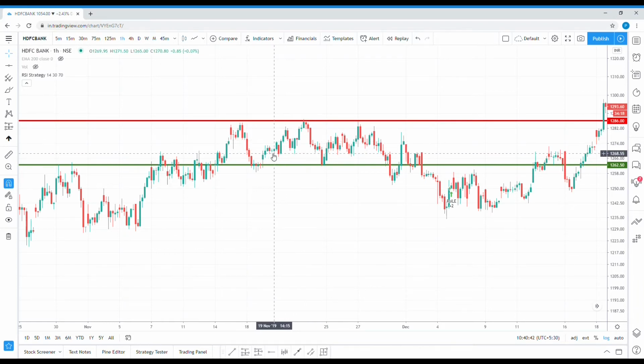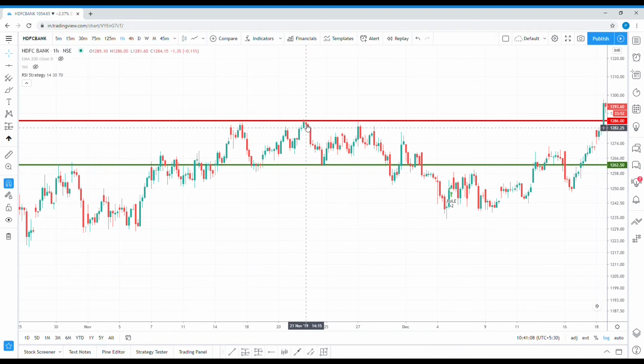Whenever the stock comes to the support area, you can take the entry and book the profit at the next resistance. This was the first support, and this is the second support, which acts as the confirmation. We are not taking a trade blindly, so we wait for the third time.